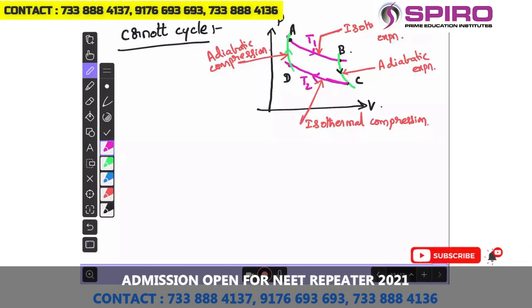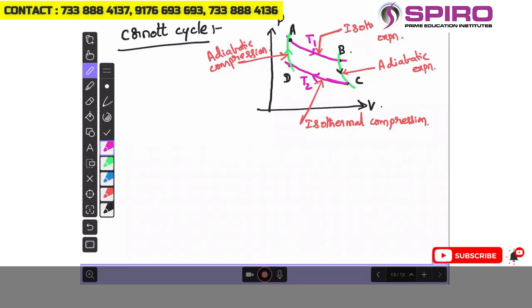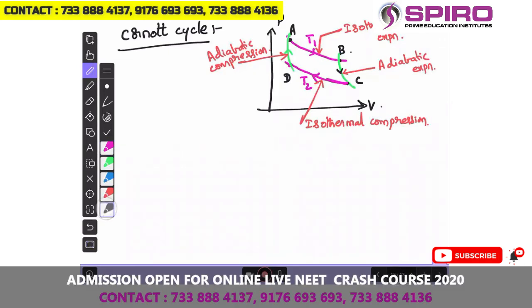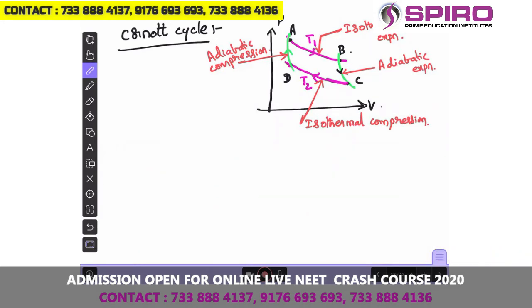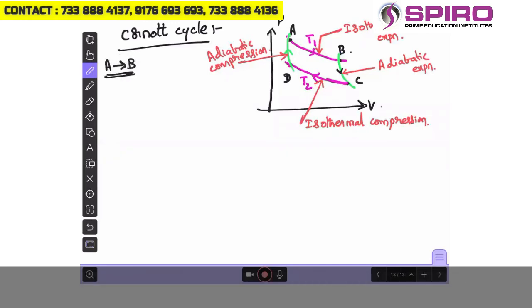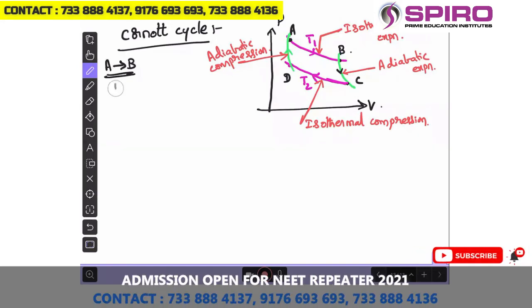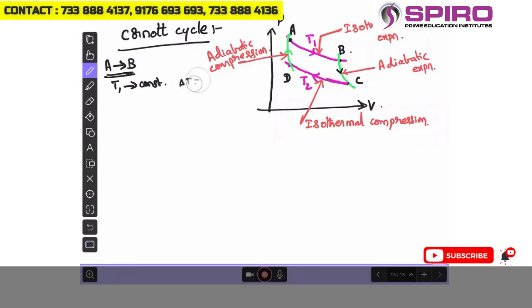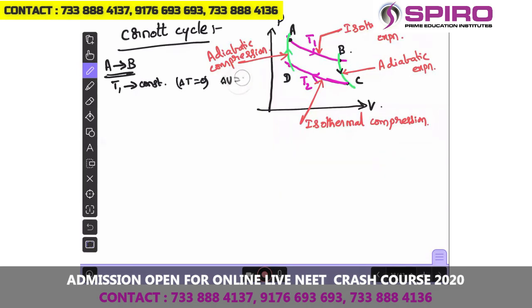Okay, so the A to B process, being an isothermal process, let me discuss in detail. In the process A to B, the temperature T1 was taken to be constant, so the change in temperature is zero, and the change in internal energy also will be zero.